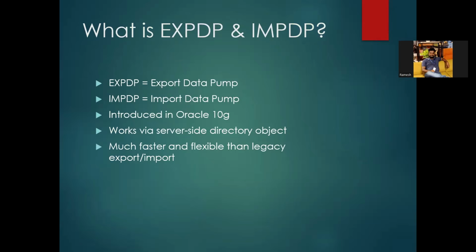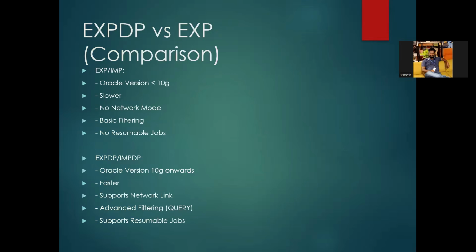Before, we used the traditional export and import, which is very slow. Let's see the comparison between before and now. Before 10g we used EXP and IMP, the traditional export import backup. That time it was slower, with no network mode, basic filtering, and no resumable jobs.